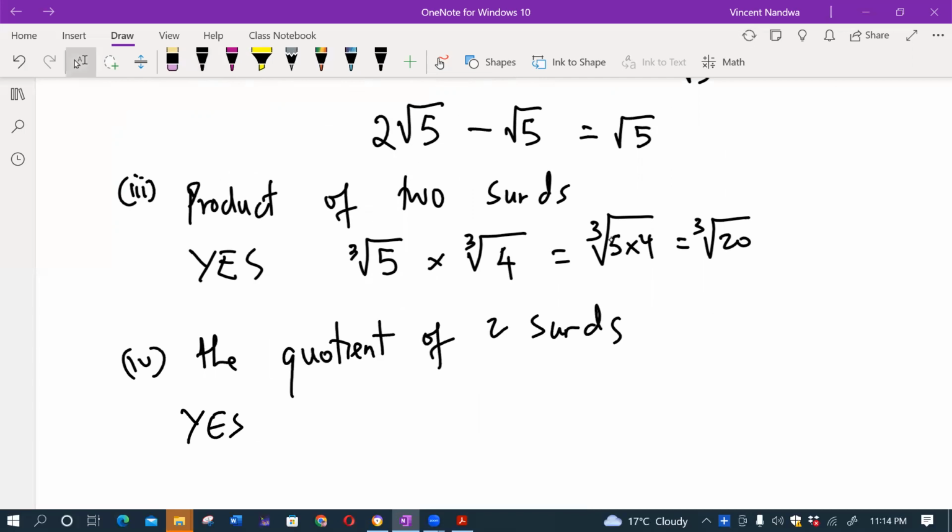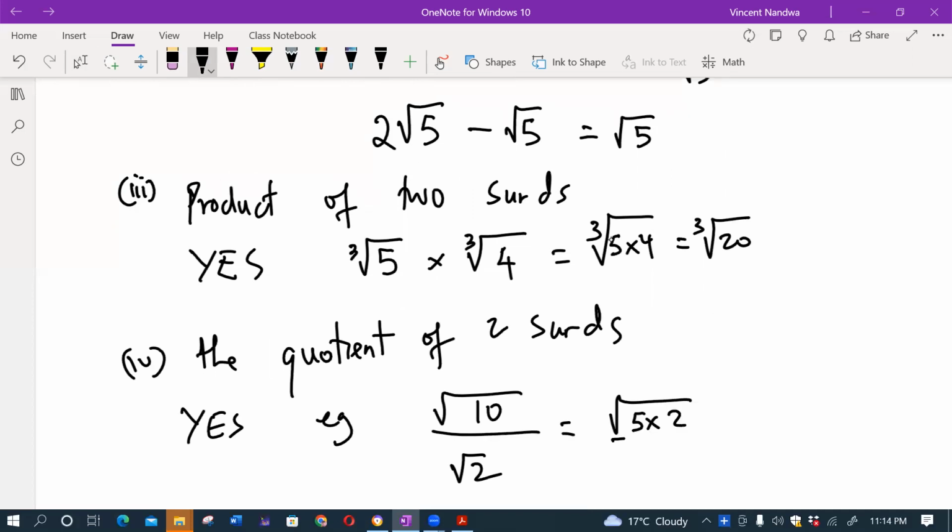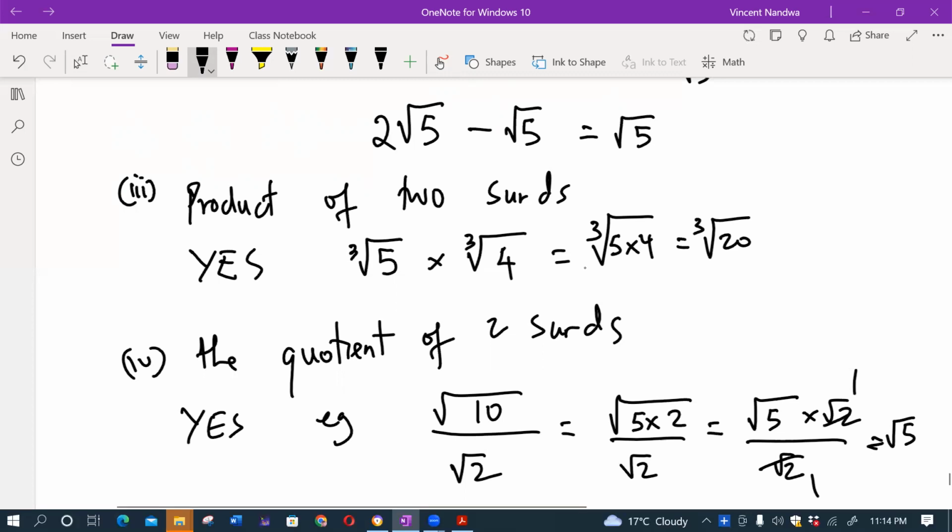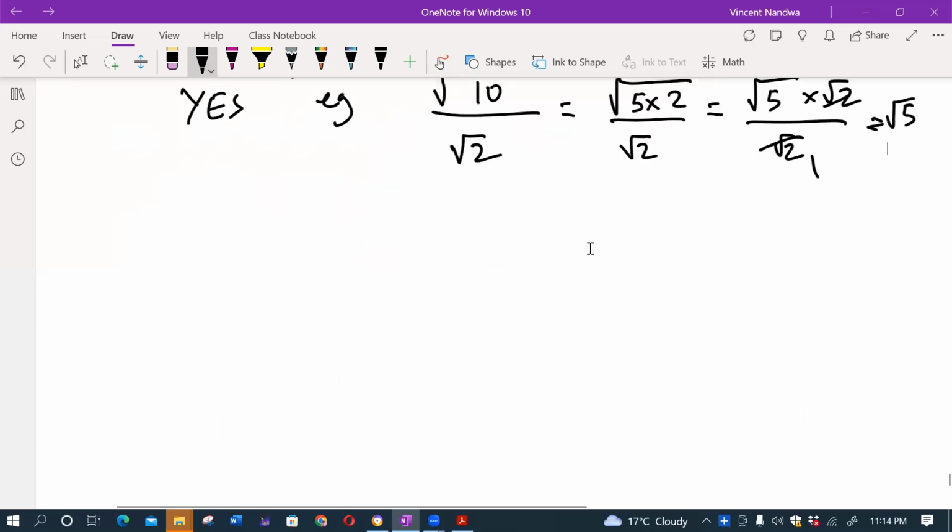For example, if I have root 10 over root 2, this I can write as root of 5 times 2 over root 2, which is root 5 times root 2 over root 2, and this cancels out. I get root 5. So it is possible to get a pure surd by getting the quotient of two surds.